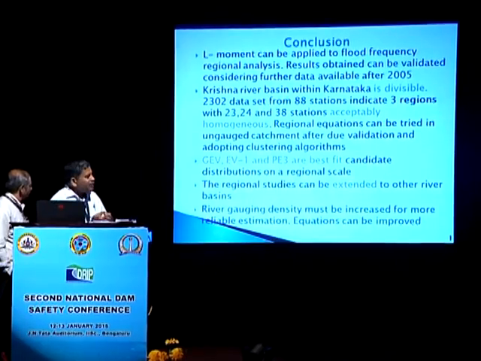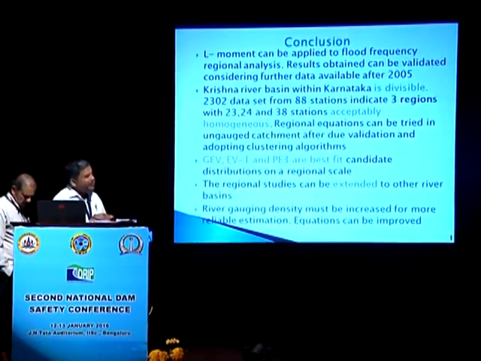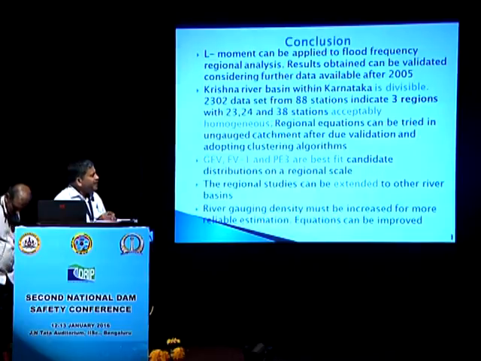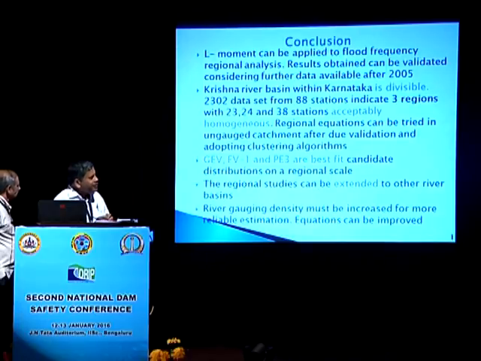The H test involves Monte Carlo simulations of artificial regions, more than 500 to 1000. We have simulated 500 homogeneous regions based on generation of random numbers, uniform randoms between 0 and 1, using the regional L moment ratios and fitted in the kappa distribution to form 500 homogeneous regions.